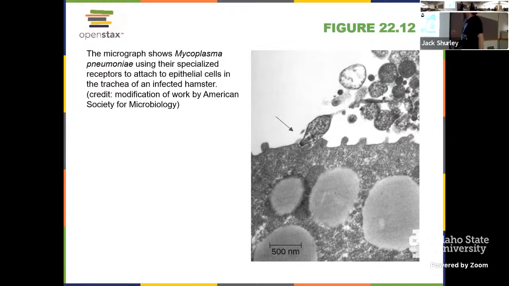They are pleomorphic. They're not rods, they're not cocci, they can be whatever they want. They're shapeshifters, because there is no cell wall that says you are spherical. So that's what we're pointing at, and they are very small compared to other bacteria.